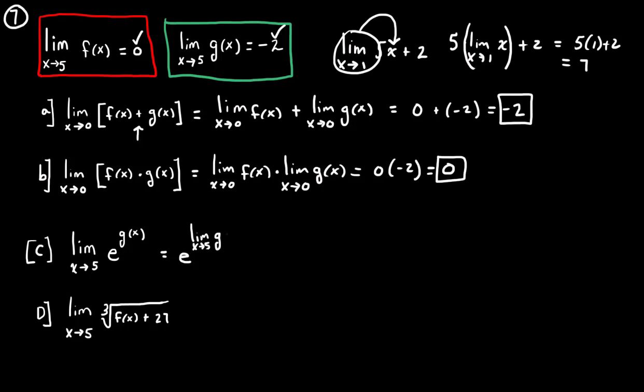So I'm applying the limit only to the g of x. And now I have this property that stands out, and I know the answer to this portion. So this is going to be e to the power of negative 2. Sweet. I guess we could also write that as 1 over e squared.